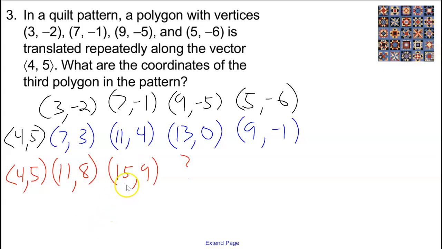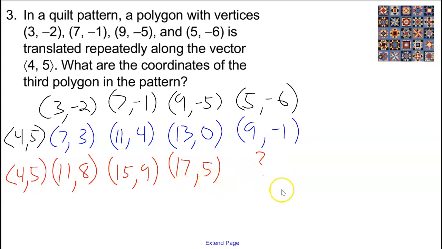You should get 15 and 9. What do you get for the next one here? You should get 17 and 5.